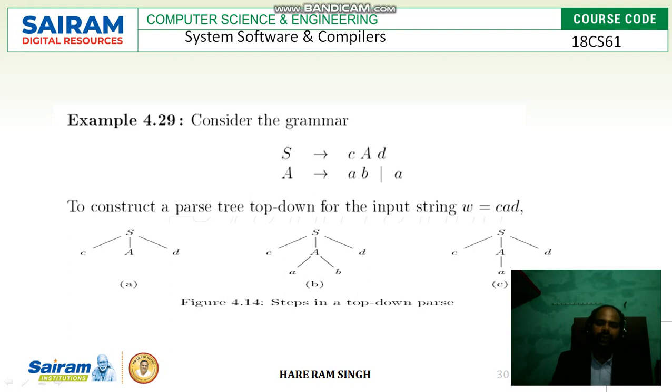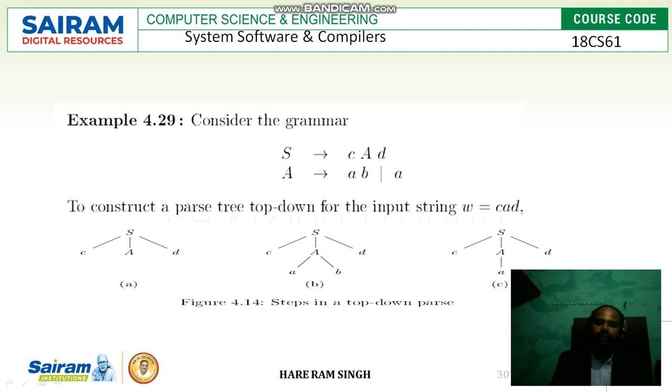So here, when we wrote ab, then c is matching with c, a is matching with a, but next in the parse tree it is b, but we need d. So this will not work out. We should do the backtracking.